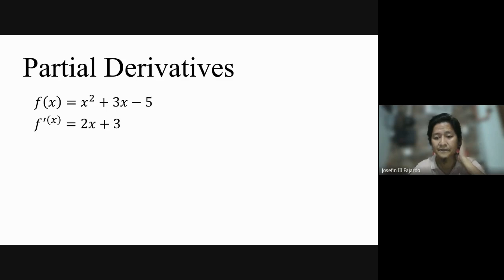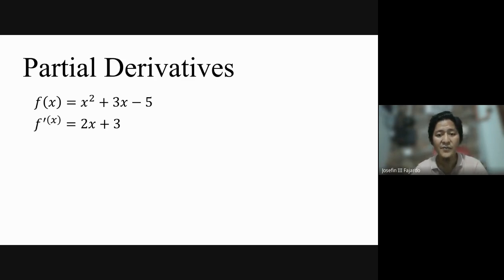Still remember your derivatives? Simple derivatives on the exponent rule: we bring down the exponent of our x squared, and then we subtract by 1. So this x will have an exponent of just 1.